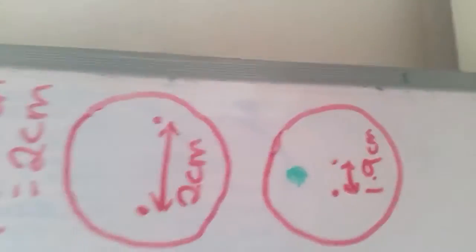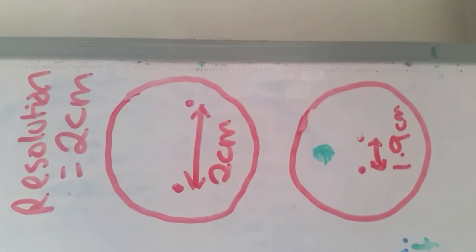But if it's anything less than 2 centimeters, for example, 1.9 centimeters, what do you see? You just see one big blob and you don't see 2. That's because it is lower than the minimum resolution.